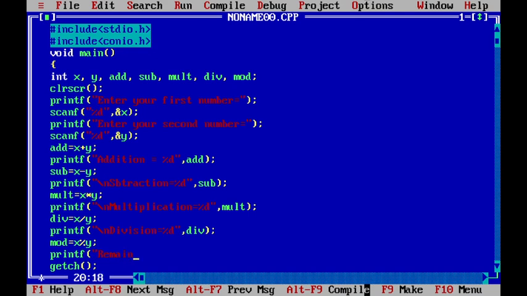If x is divisible by y, then in that case the remainder is 0. Now again we want to use a new line.